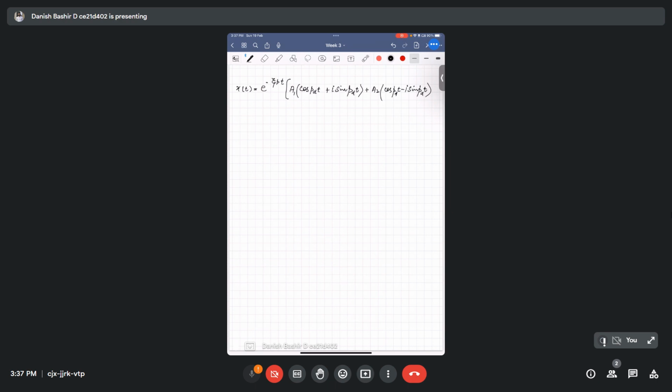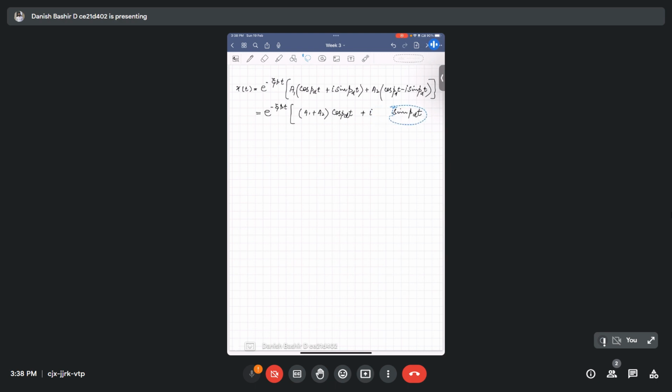When we rearrange the terms, we get e to the power minus theta pt times a1 plus a2, collecting coefficients of the cos pdt term, and collecting coefficients of the iota sin pdt term. We have to collect the coefficients for this one also.